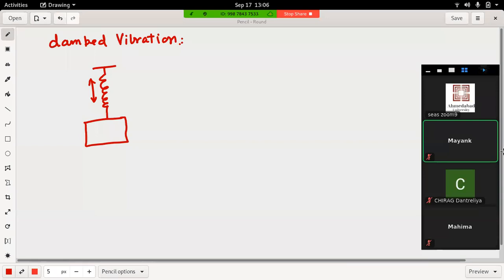So you provide oscillations to the spring without load, and with load, and you will see that the spring with load actually comes to a static state earlier than the spring which is not loaded.